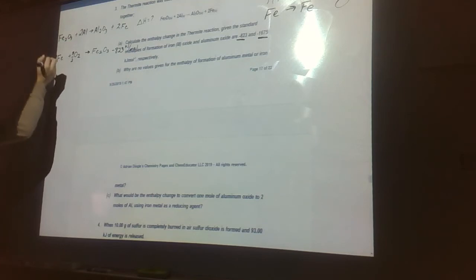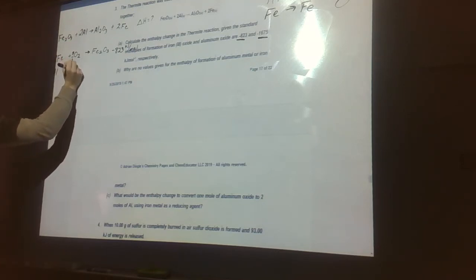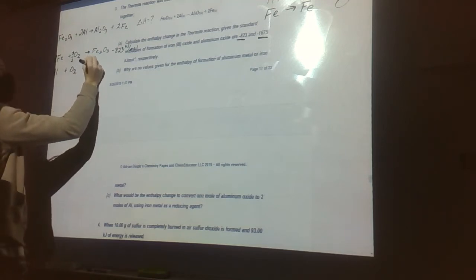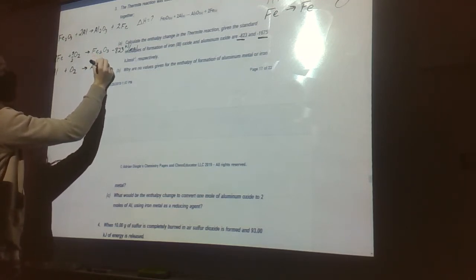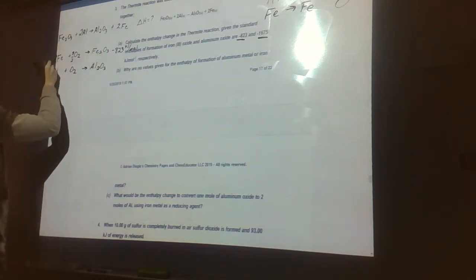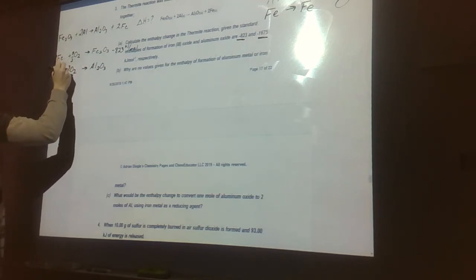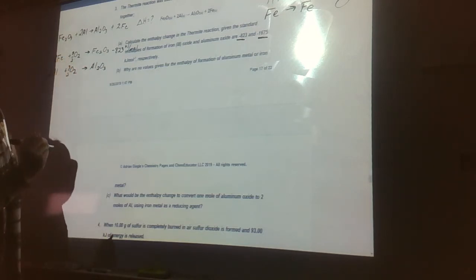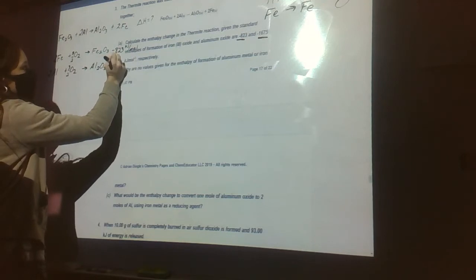Aluminum oxide is aluminum plus oxygen makes aluminum oxide. 2 aluminums, 3 halves of an oxygen, and that's negative 1675.